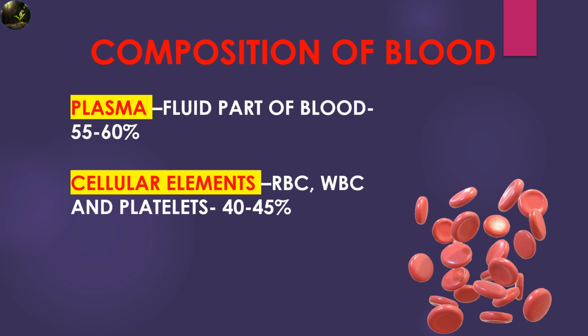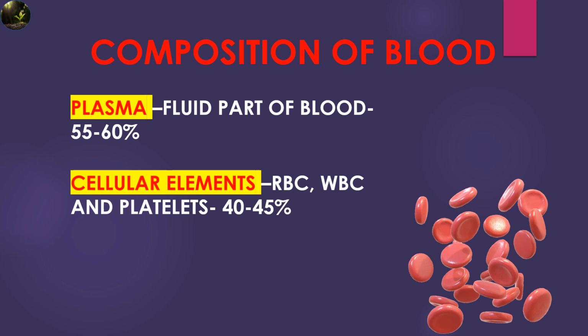Mainly there are two constituents present in blood. First one is plasma, the other one is cellular elements. Plasma is the fluid part of blood. We can say it is the liquid content of blood. Almost 55 to 60% of blood contains plasma.